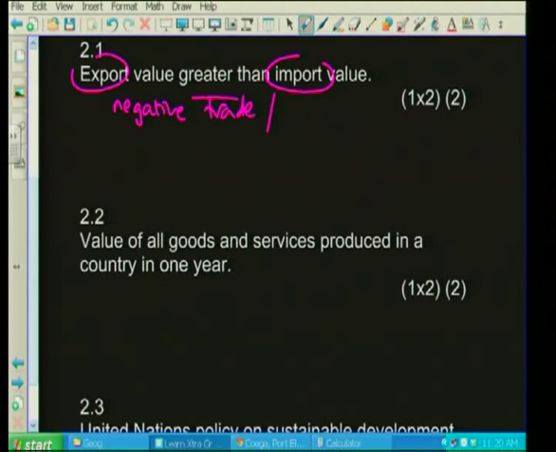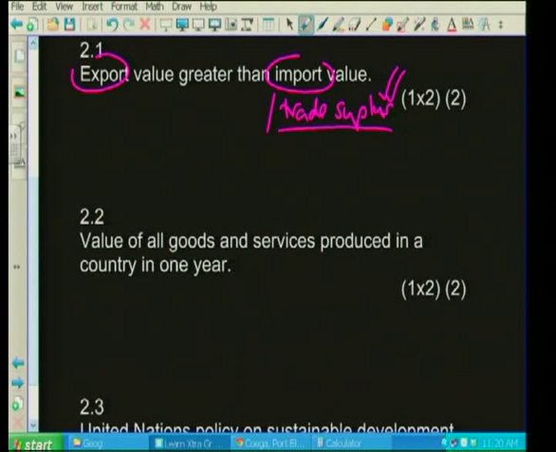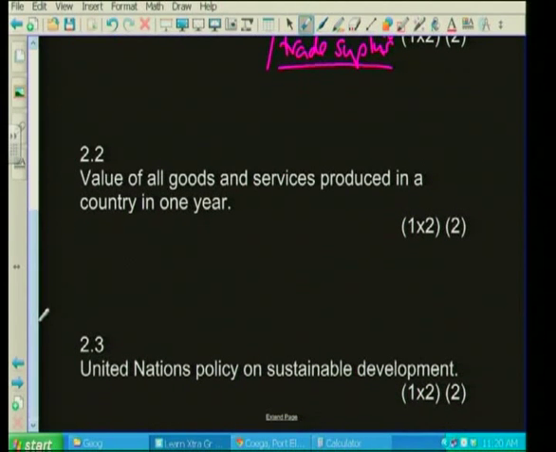Right, it's not negative trade. I've confused it here, so let's delete that. The answer here, exports being more than your imports, what's that called? It's called a trade surplus, when we've got more stuff going out of the country than coming in, and we're earning more foreign revenue, so it's a good thing for our economy. 2 marks.